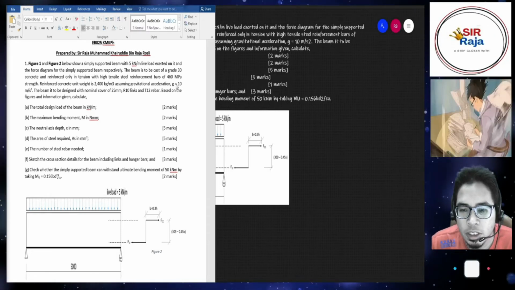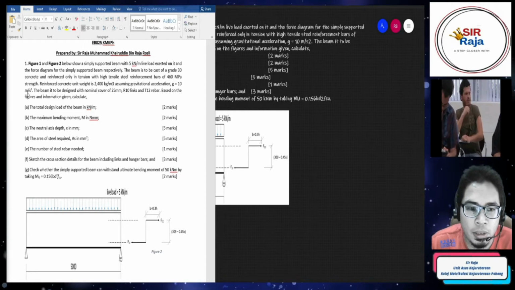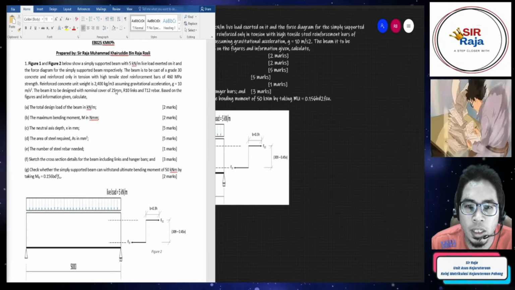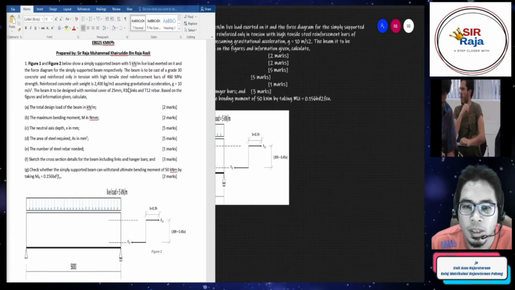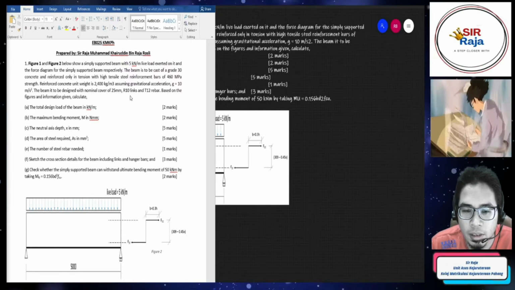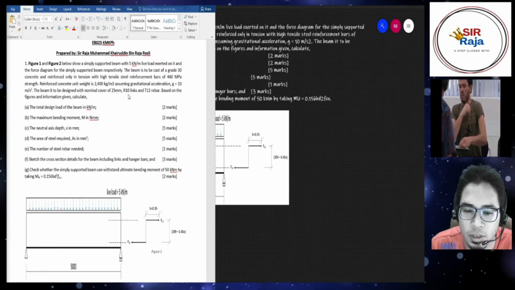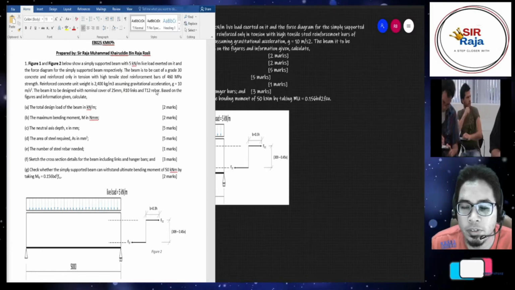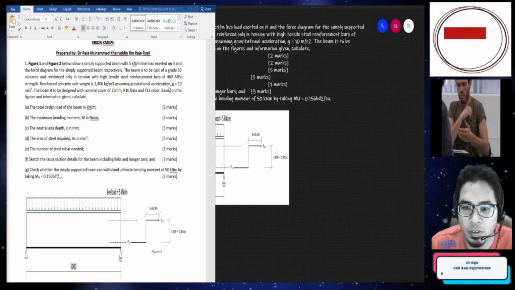Assuming gravitational acceleration g is equal to 10 meter per second square. The beam is to be designed with nominal cover of 25 mm. Nominal cover C is 25 mm, the R10 links, so 10 mm diameter links, and 12 mm diameter for the rebar.